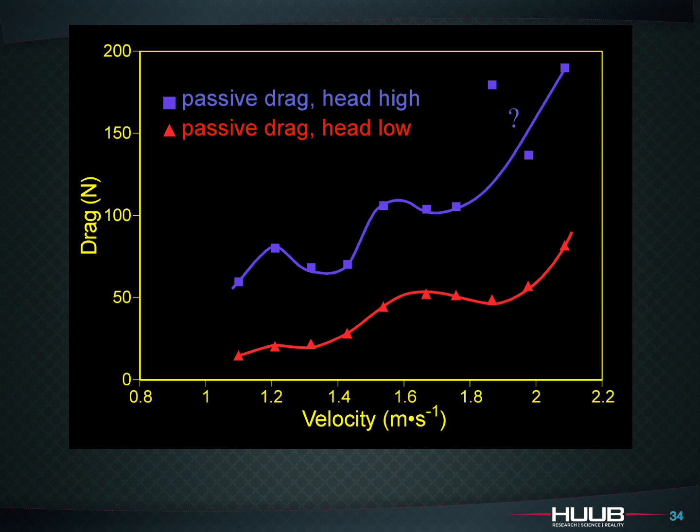And I don't know what happens on the right side, maybe it is cancellation and reinforcement all the way there. I don't know. But just for reference, for the same swimmer, we also determined on the same day the active drag using the MAD system, and these were the results swimming on the MAD system.